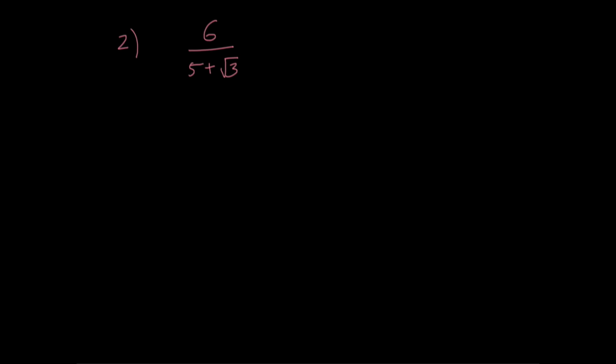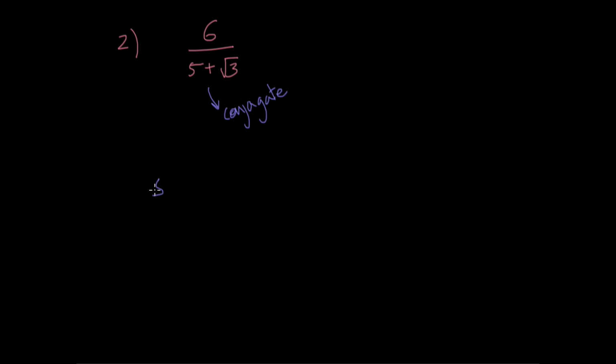If I have 6 over 5 plus root 3, okay, how do I get this to be a whole number? Now, if I have something like this with an addition or subtraction sign in the bottom, what I want to do is multiply it by something called its conjugate. What the conjugate basically is, it's the exact same expression, except you switch the signs.